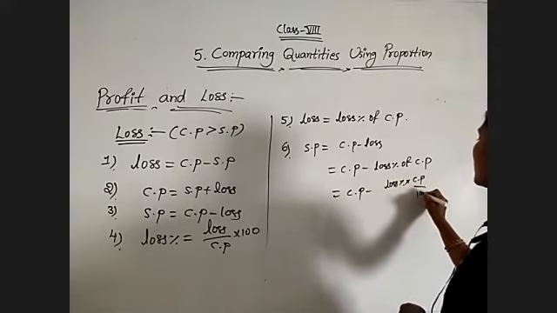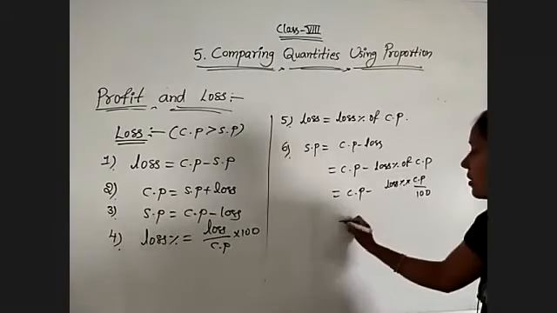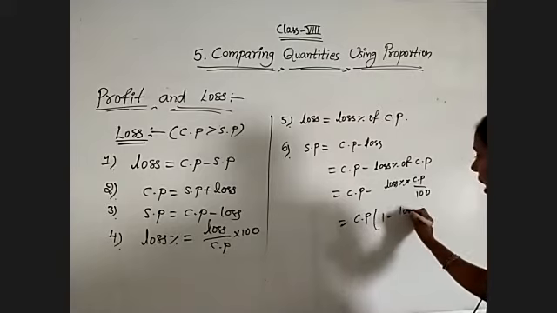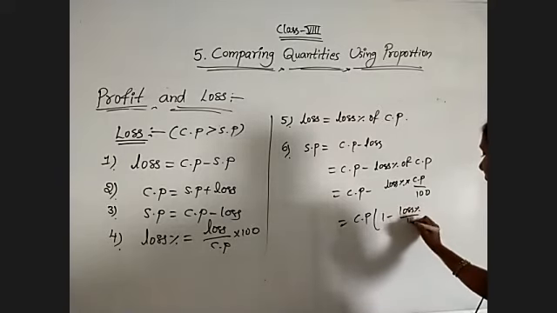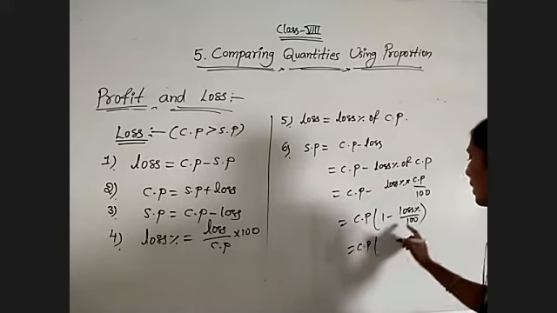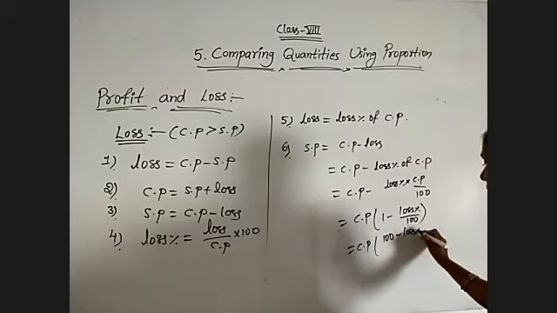Here CP is common in both the terms, so take out CP: 1 minus loss percentage by 100. That is CP into 100 minus loss percentage by 100.